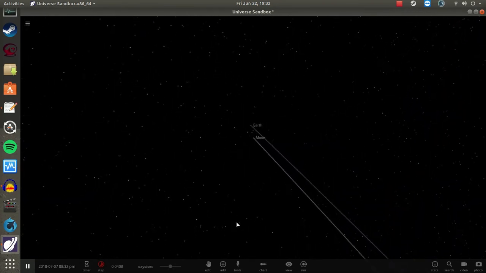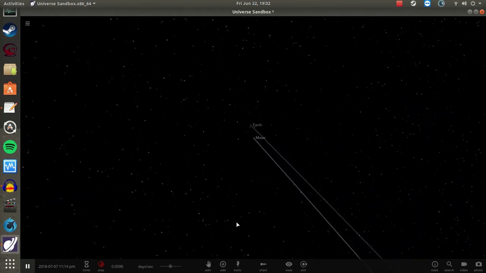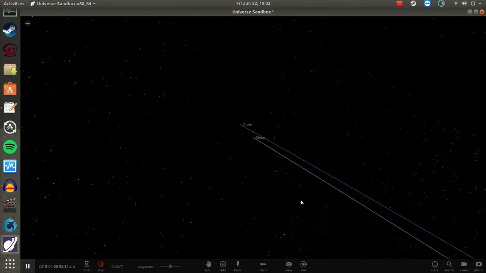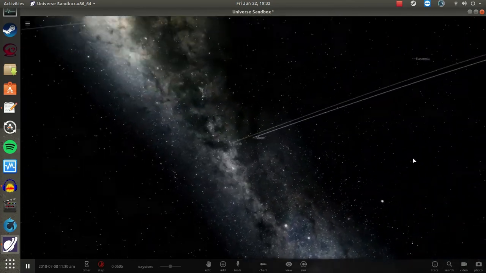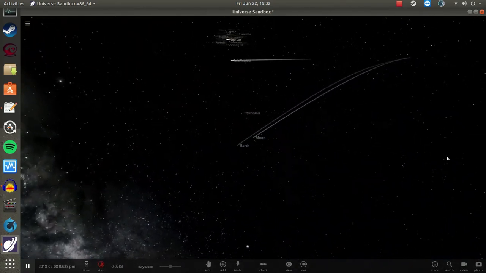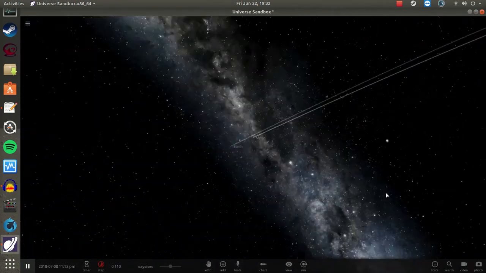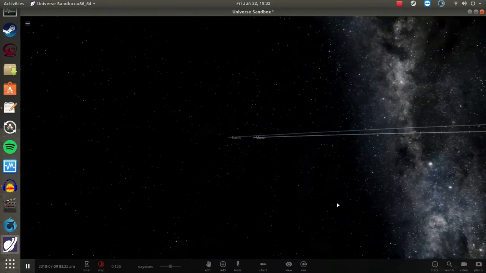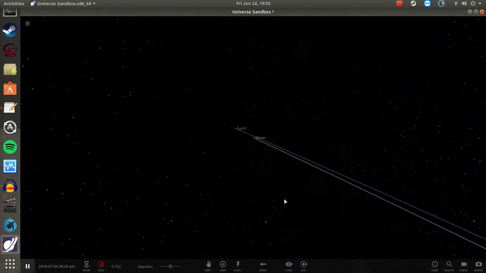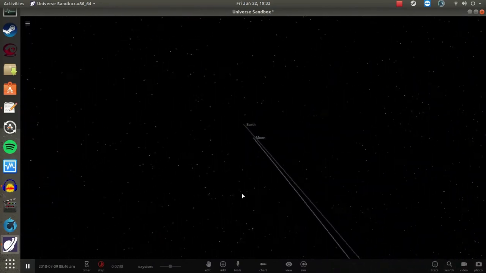Now the Earth is past the moon and it's curving up toward the line where the Earth will be ahead of the moon. You can see the long path there to where they've crossed last. And the Earth comes close to the line of the moon.